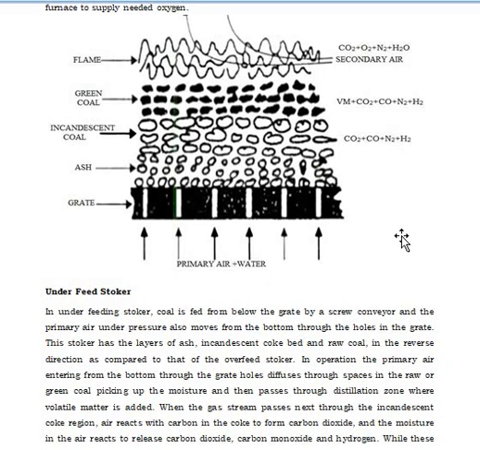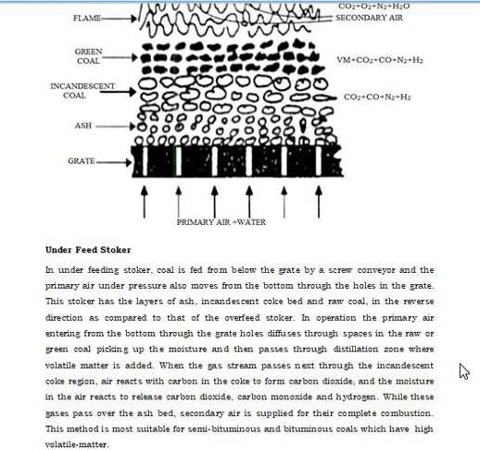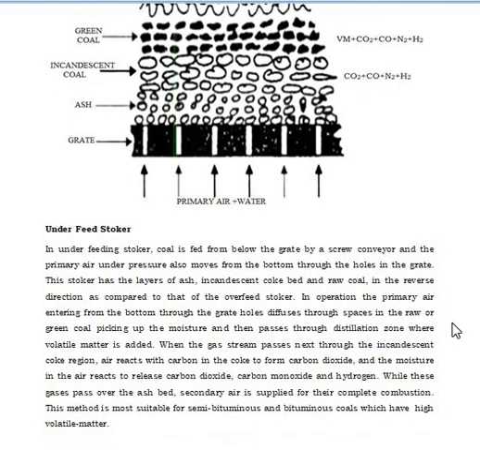When the gas stream passes next through the incandescent coke region, air reacts with carbon in the coke to form carbon dioxide, and the moisture in the air reacts to release carbon dioxide, carbon monoxide, and hydrogen. These gases pass over the ash bed, and secondary air is supplied for complete combustion. This method is most suitable for semi-bituminous and bituminous coals, which have high volatile matter.